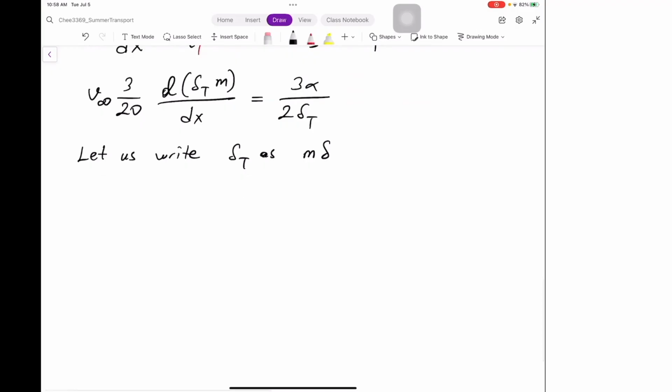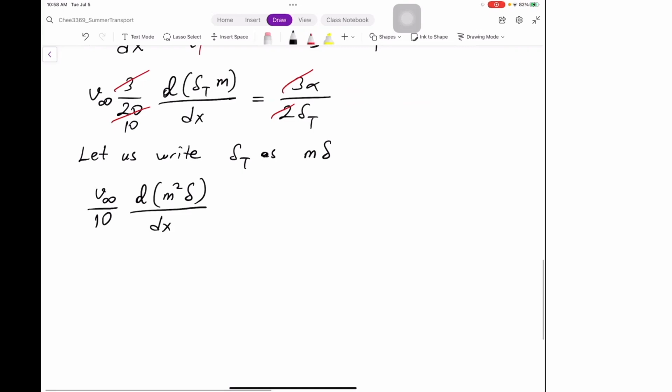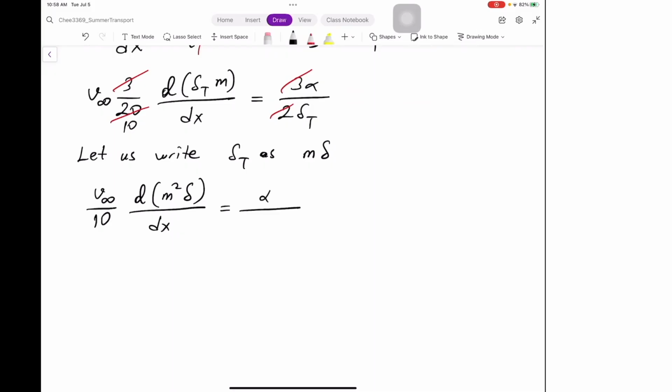And then the equation becomes, after simplifications of the 3's, and let's also simplify the 20 and the 2 and get 10 here. And you get V infinity over 10 d. Instead of delta, we write m delta. So we get m squared delta divided by dx is equal to alpha over m delta, right?